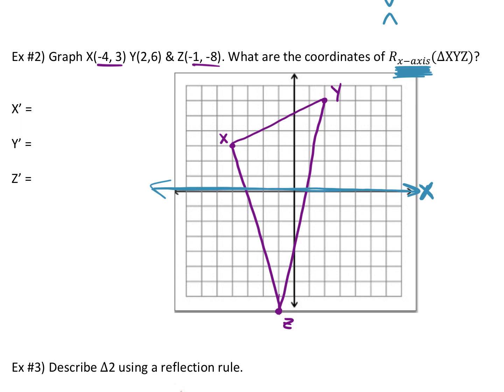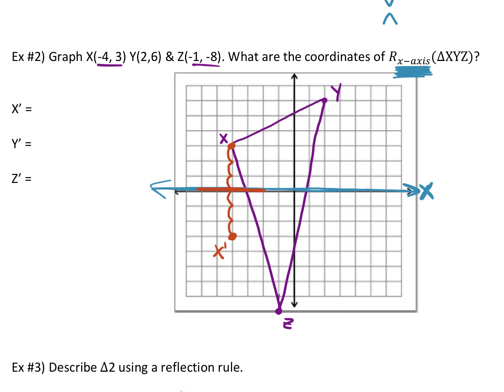Forget about the lines. Look at point X. If you're here and we're going to reflect over this line, where should you end up? Three down. Right now we are 1, 2, 3 above the line. So you need to go 1, 2, 3 below the line and call that X prime.